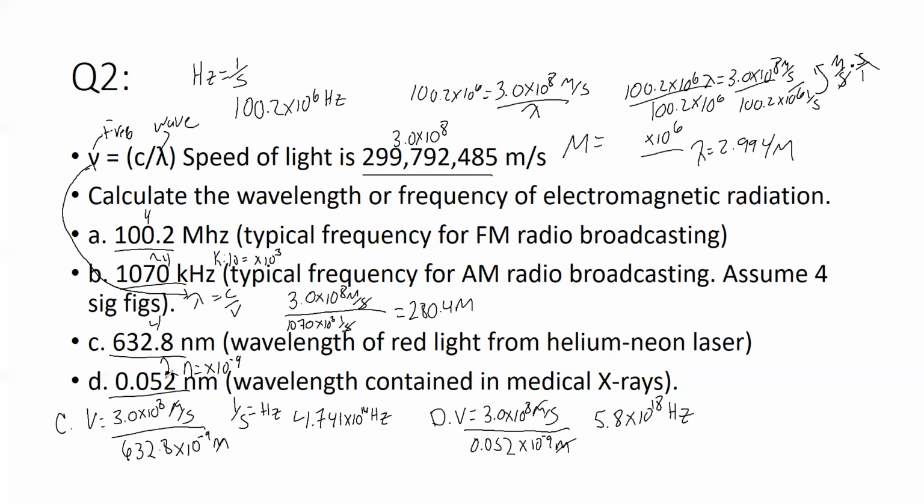Even though we're using 3.0 times 10 to the 8, that's just really a way to save yourself a couple of seconds by just not typing 299,792,485, because the answer is not going to be that different for our purposes, at least.